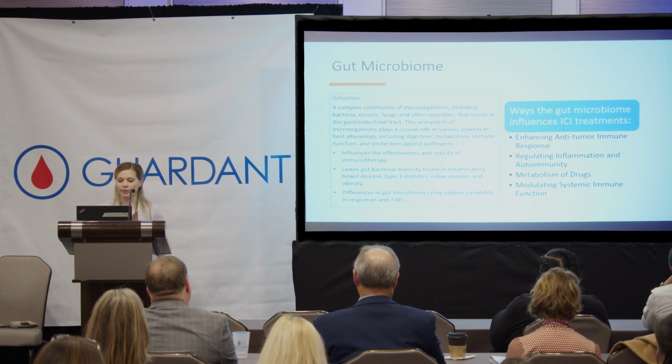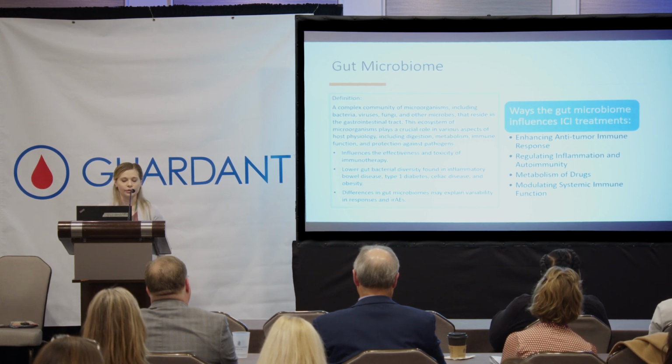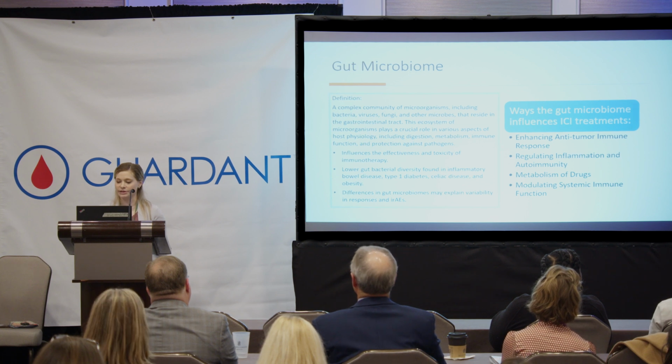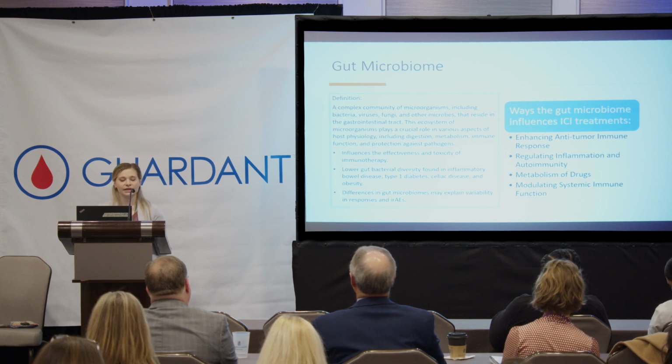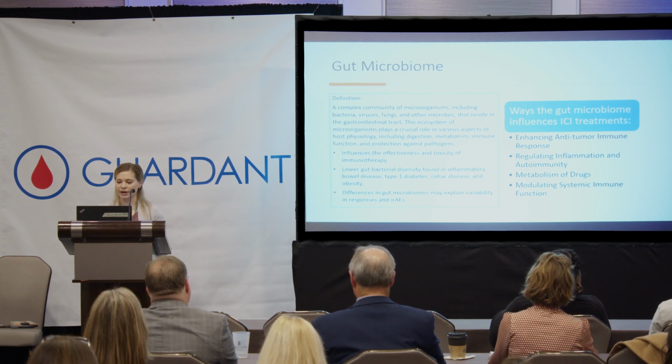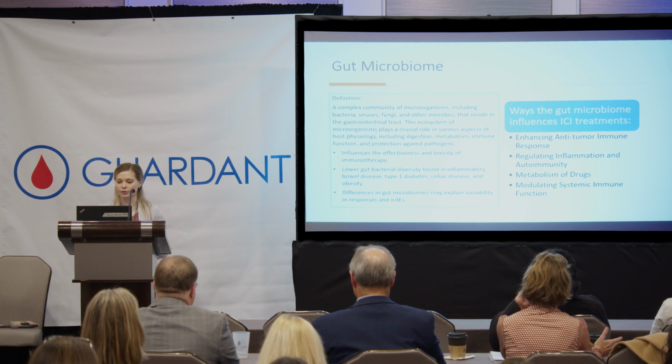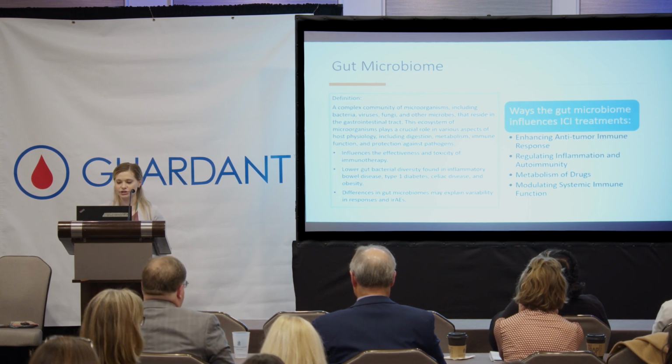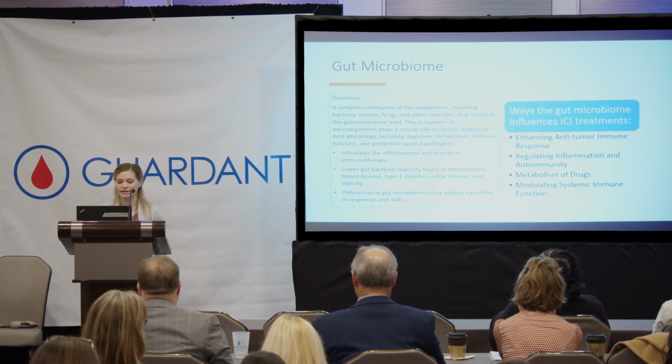Imbalances in the gut microbiome have been linked to various autoimmune conditions and inflammatory diseases. By influencing immune regulation, the gut microbiome may impact development of immune-related adverse events associated with checkpoint inhibitors, such as colitis, dermatitis, and thyroiditis.